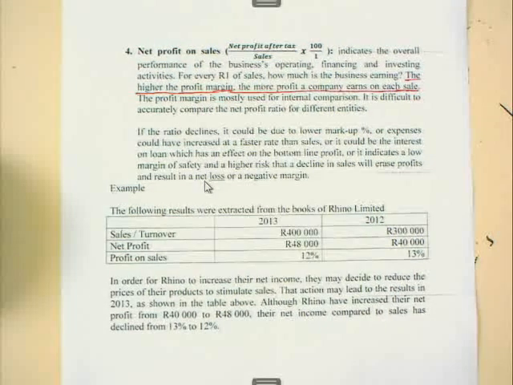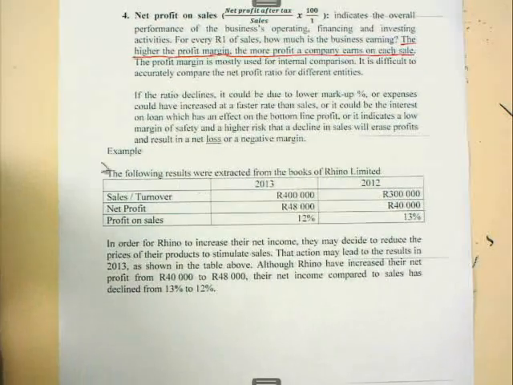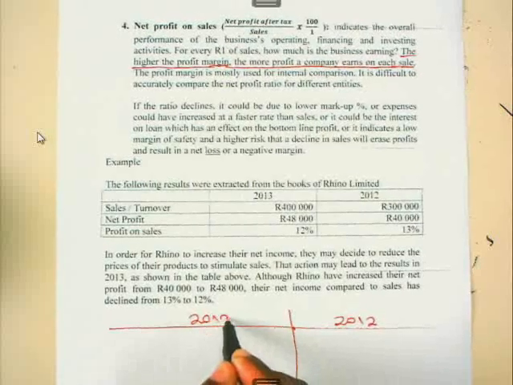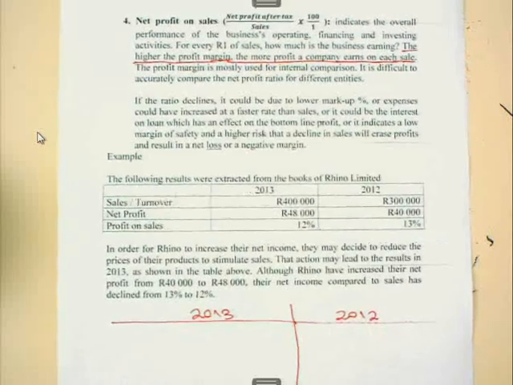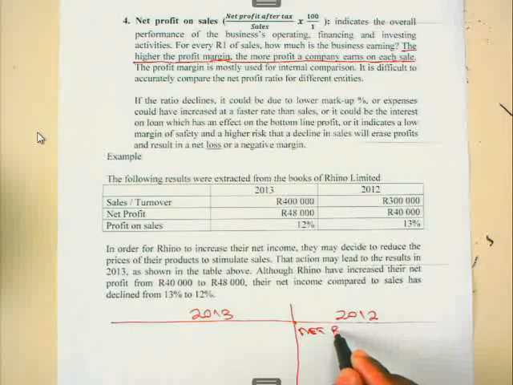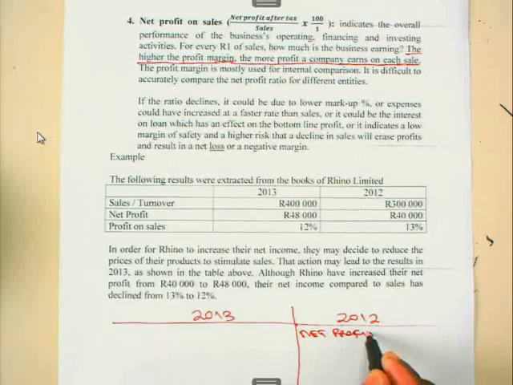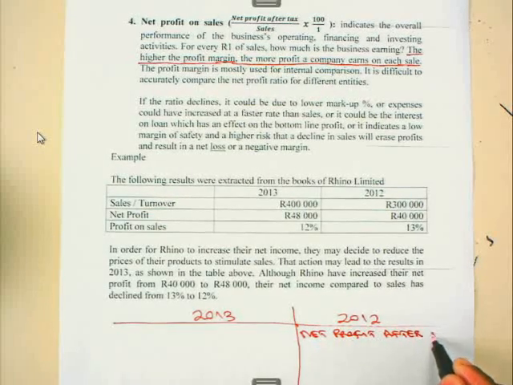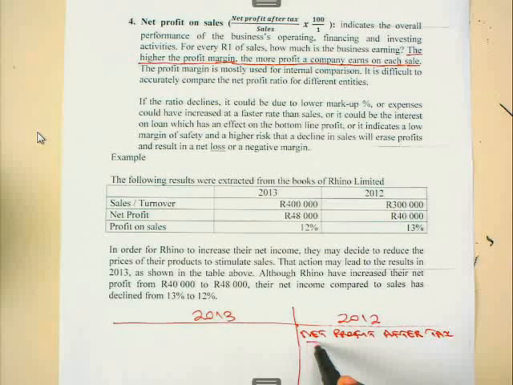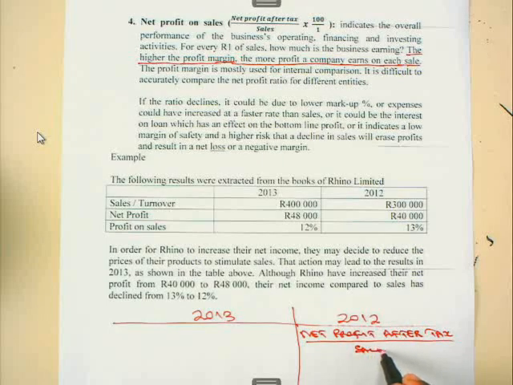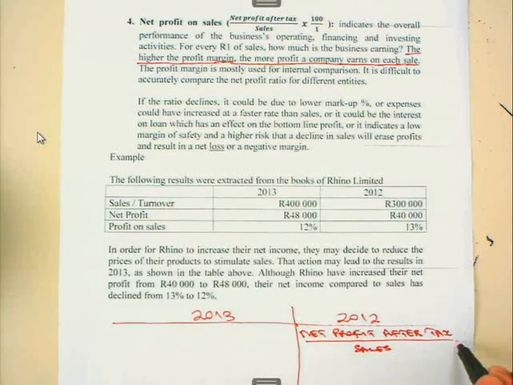You are given the information as an example here, extracted from the books of Rhino, for 2012 and 2013. I will use net profit after tax, divided by sales, multiplied by 100 over 1.